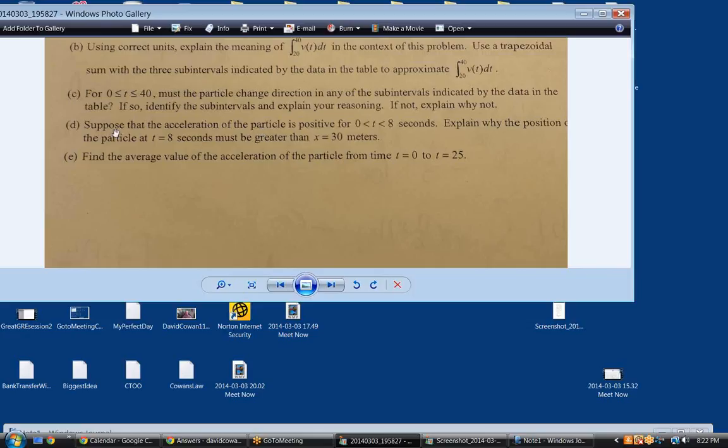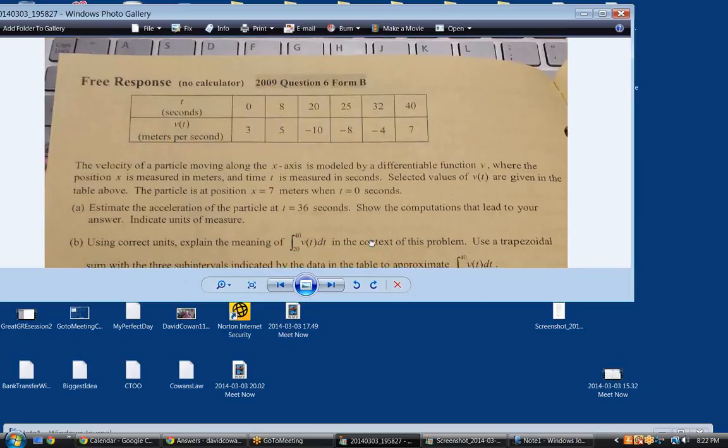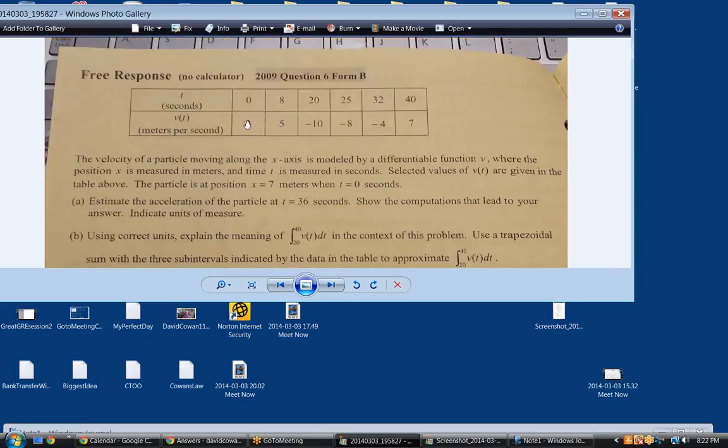Mm-hmm. And notice that I had to assume, which she states, she says, suppose the acceleration of the particle is positive. Well, if the acceleration of the particle is positive, at no point in between these times can she go less than 3. In other words, if we had a measurement at 4 seconds, it has to be above 3 if she is accelerating positively during the whole time.